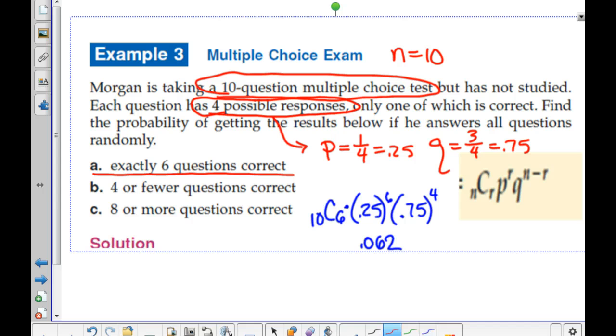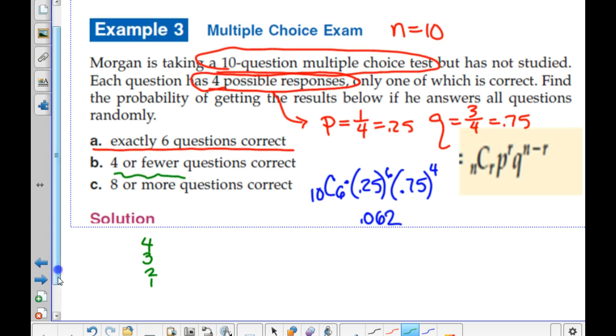All right, guys, 4 or fewer questions correct. This is where it gets tricky. 4 or fewer right. So that means you get 4 right, or 3 right, or 2 right, or 1 right, or 0 right. Does this sound fun?